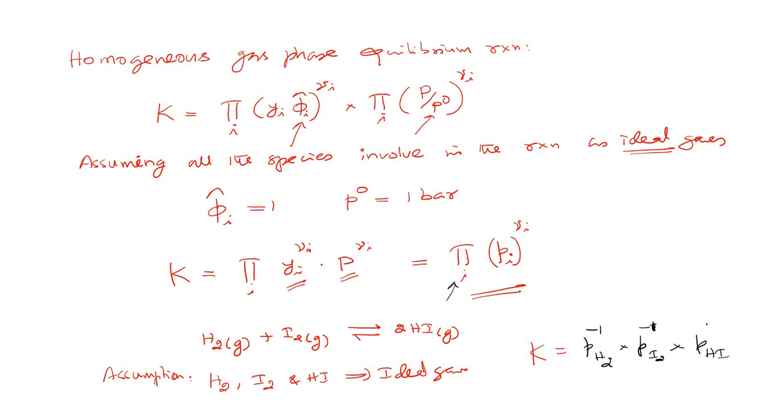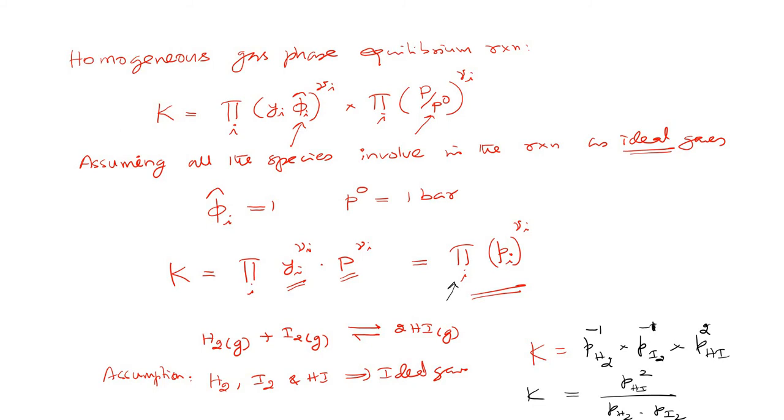Hydrogen iodide is a product here, so it is power 2. You can also write this as the partial pressure of HI power 2 by the partial pressure of H2 times the partial pressure of I2. This is the equilibrium constant for this reaction.